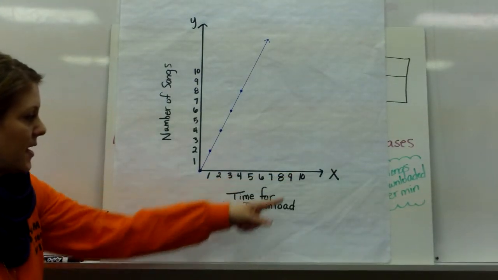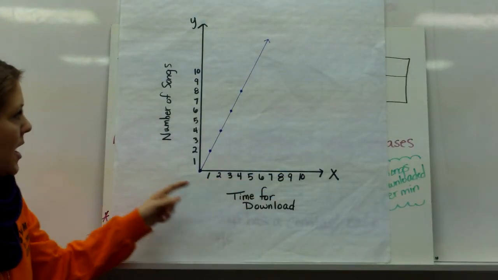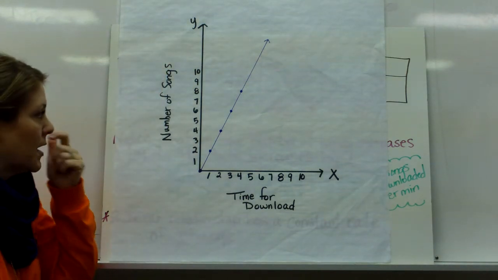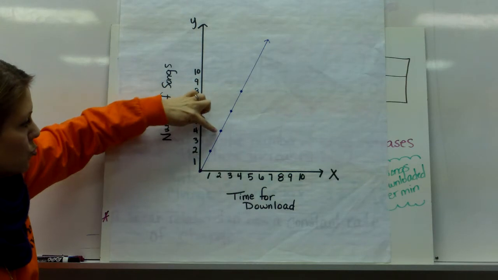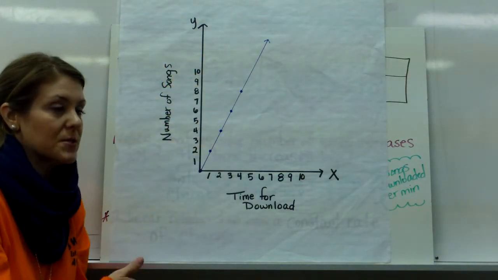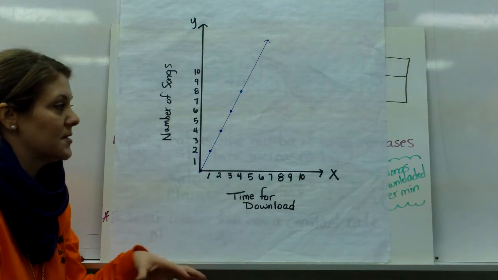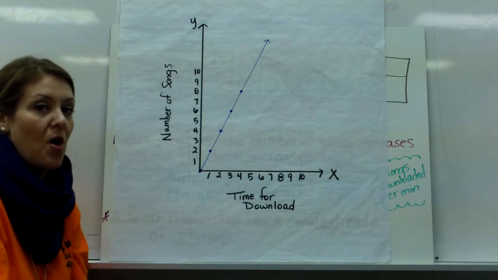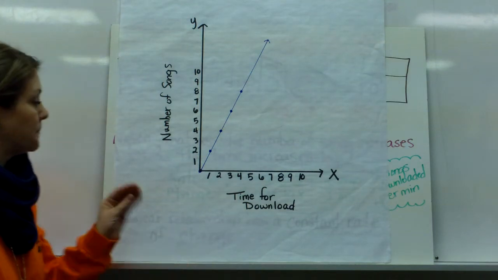Notice we have the x-axis, the time for the download, and then the y-axis, which is the number of songs that are downloaded. Those ordered pairs, when they're graphed, when connected, make a straight line. So this particular situation is an example of a linear relationship. They all fall on the same line.